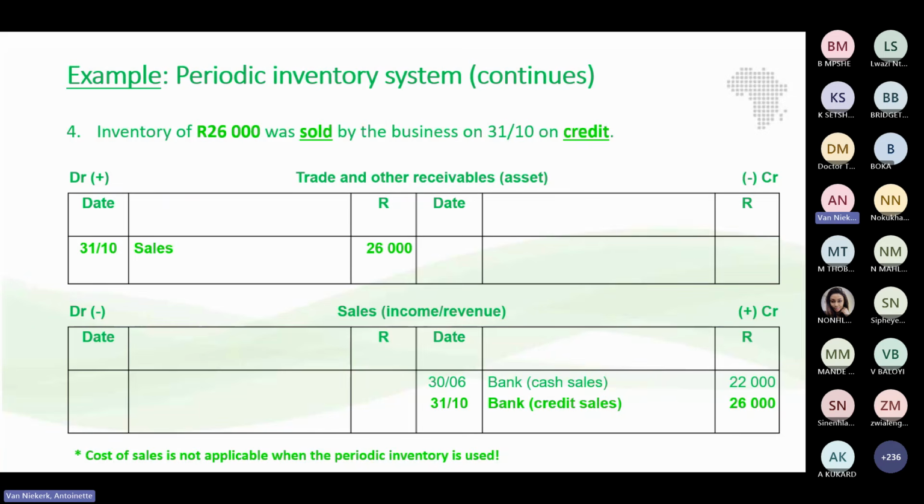We can give you the type of account, or we can give you also again a drop down arrow with options. Let me say, for example, inventory, trade and other receivables. Just like the polls that I launched, I gave you there a few options. That's how it will look when you write the exam, or rather, attempt the assignments.